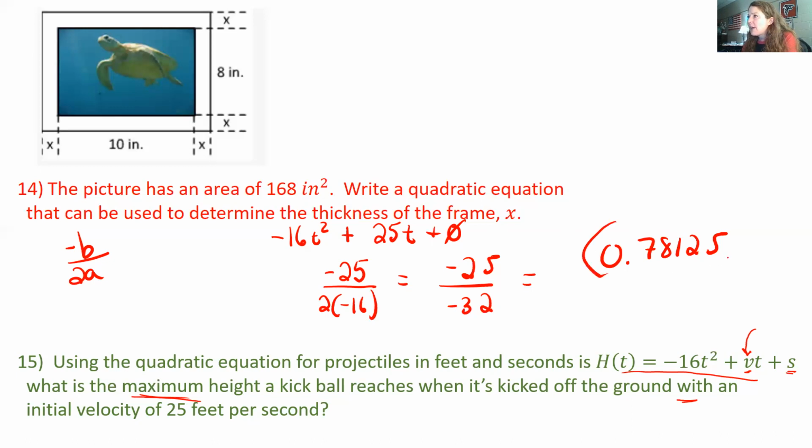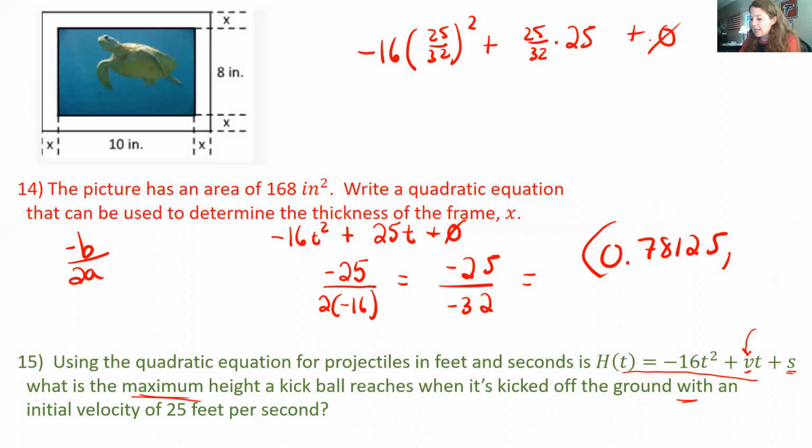And what is our y value? So we're going to plug this into this equation right here. So we're going to plug in negative 16 times 25 over 32 squared plus 25 over 32 times our velocity of 25, and then it's plus 0, which we don't have to write, of course.